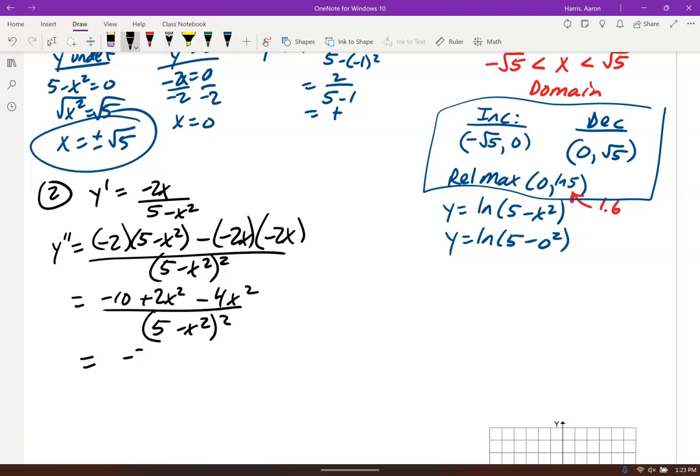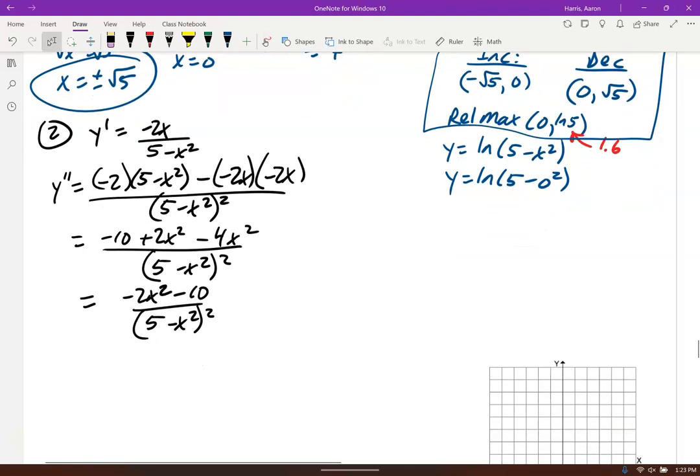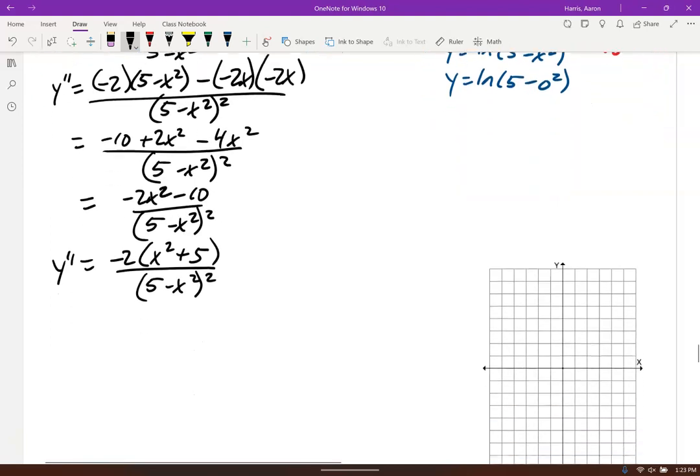And so we got negative 2x squared minus 10. Let me take a negative 2 out. And there's our y double prime right there.